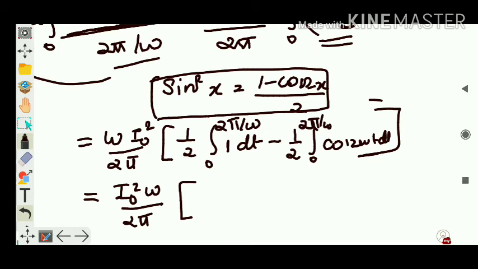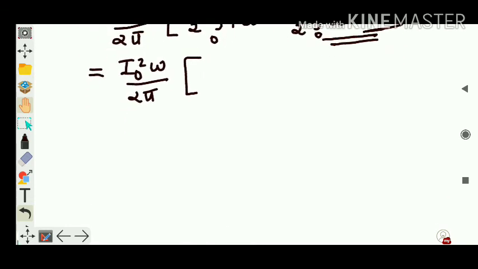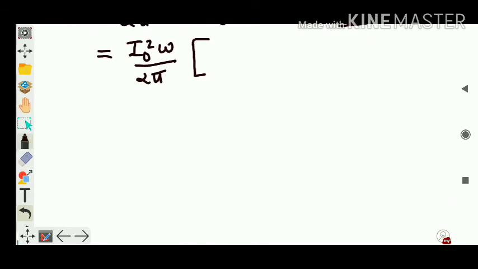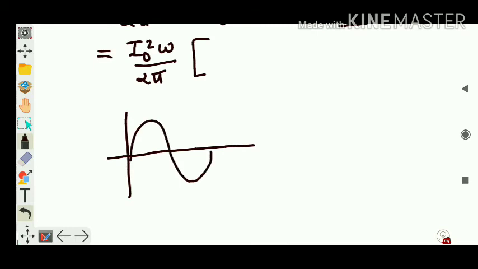Now guys, before moving to that part, I'm going to take a small part, remember. We took this one, this is a sine function and this is a cosine function.